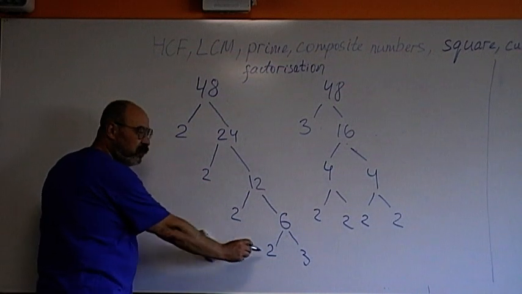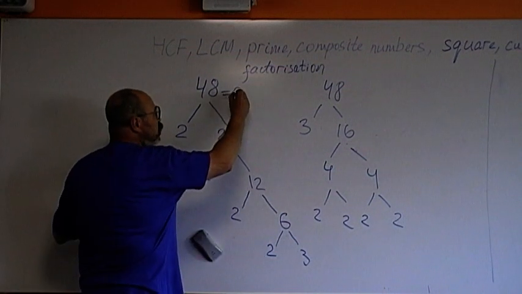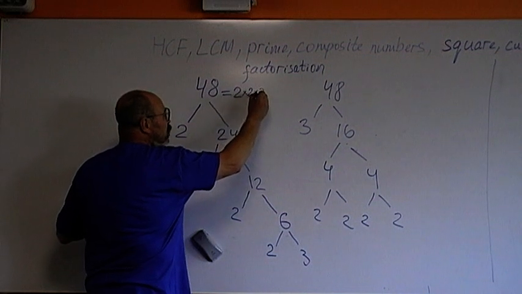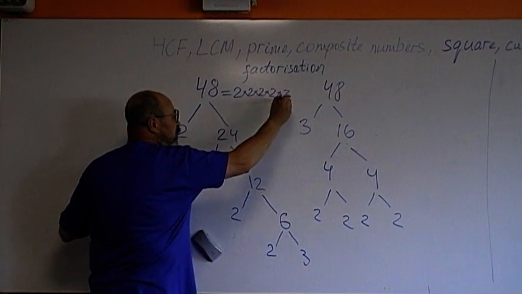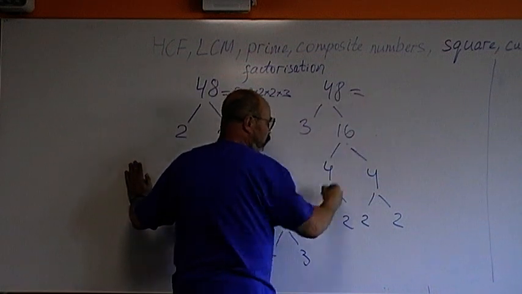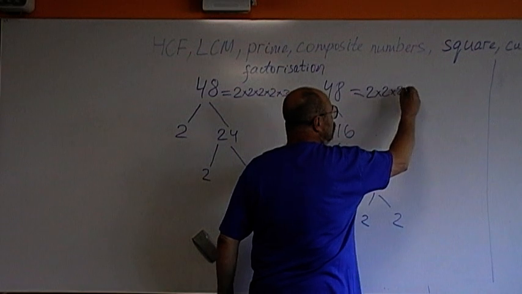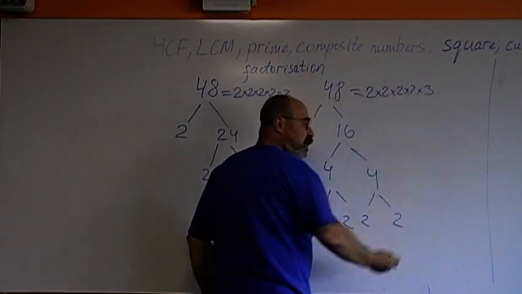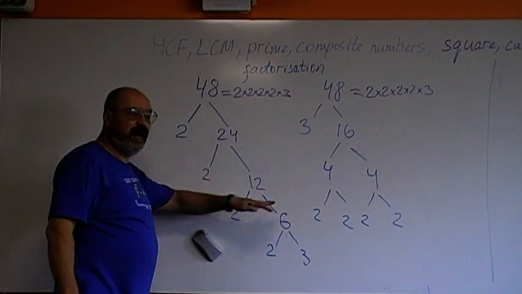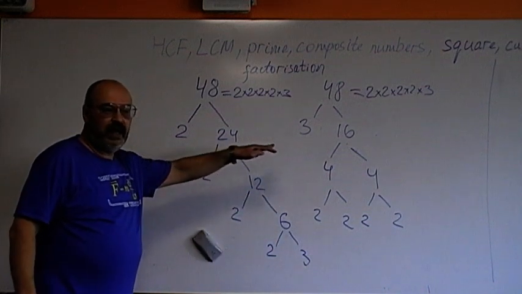How many 2's do we have? 4. So that equals 2 times 2 times 2 times 2 times 3. In this way we get the same. It's not necessary to do it this way. You can do it any way.